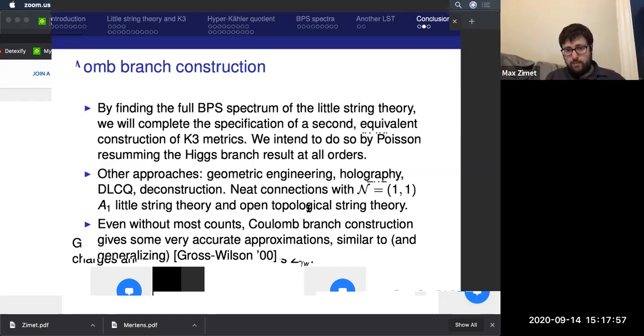So that was studied by Chikati, Naitsky, Vafa, and in the math literature by Yushen Lin. So that's an interesting question, because instead of studying metrics of some moduli space, one's studying the superpotential, which can be computed via open topological string theory.